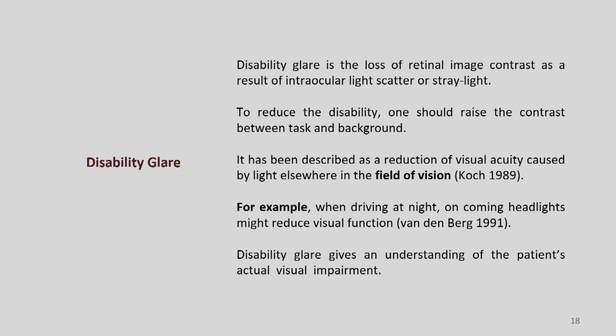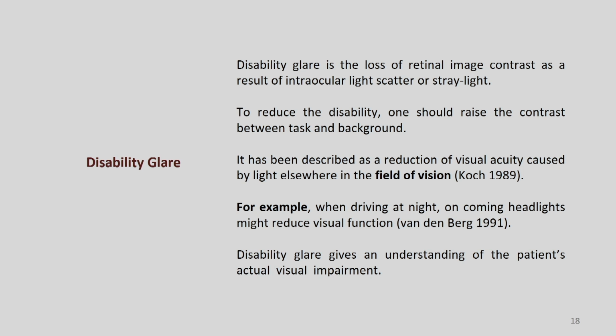Now, disability glare. Disability glare is the loss of retinal image contrast as a result of intraocular light scatter or stray light. So, it reduces visual ability. To reduce this particular disability, one should raise the contrast between the task and the background. It has been described as a reduction of visual acuity caused by light elsewhere in the field of vision.